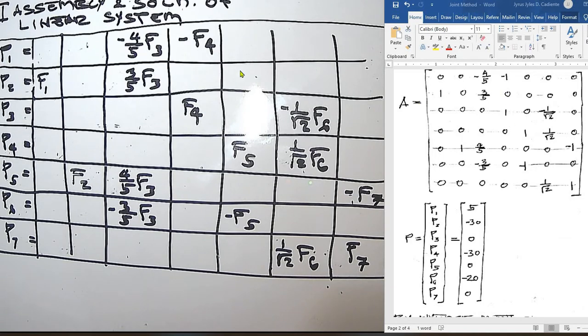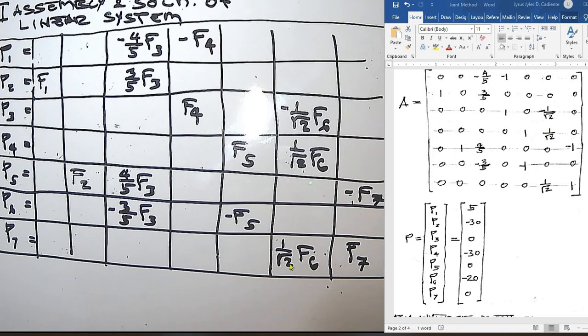And then, for the fifth column, tatlong 0, followed by 1. Ayan. So, we have 3 zeros followed by 1, 0, negative 1, 0. Ito, no? And then, for the sixth column, you have 2 zeros, followed by negative 1 all over square root of 2, and then positive 1 all over square root of 2. Ito siya.